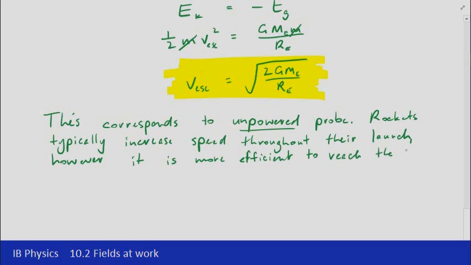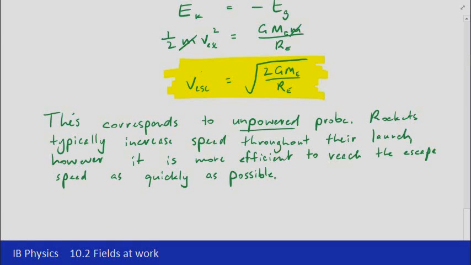Reaching the escape speed, you could in theory just have a rocket that is very low thrust, and if that thrust was applied for long enough, it will accelerate to a speed where it can escape Earth's gravitational pull. But if you can get that rocket moving faster more quickly, then it's going to be a much more efficient process.